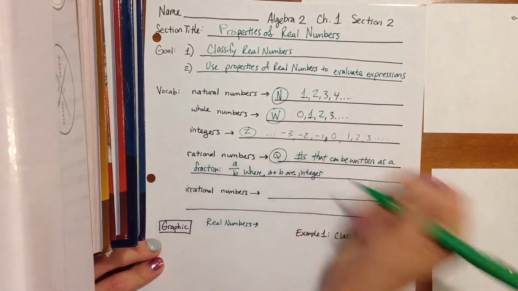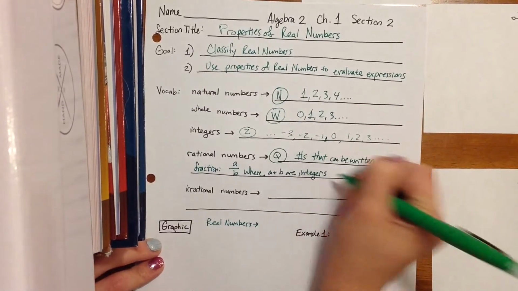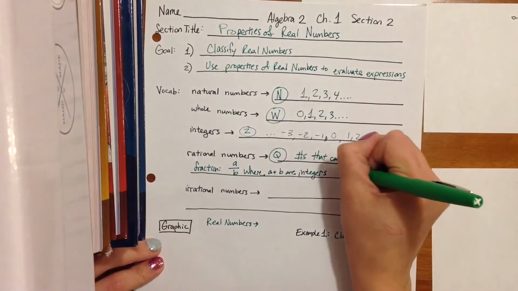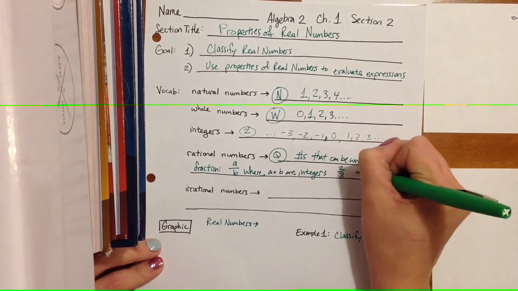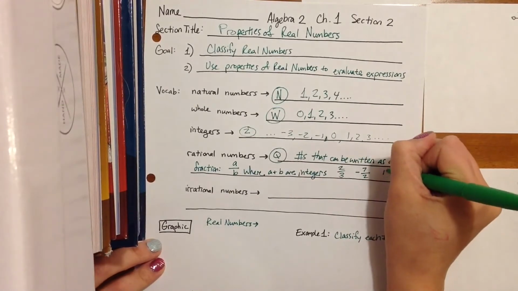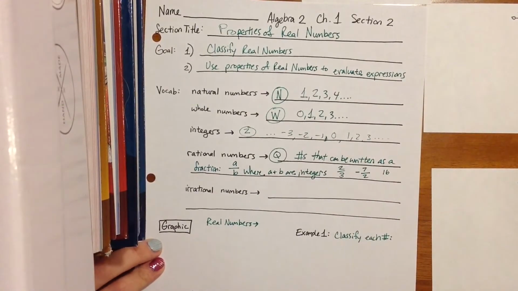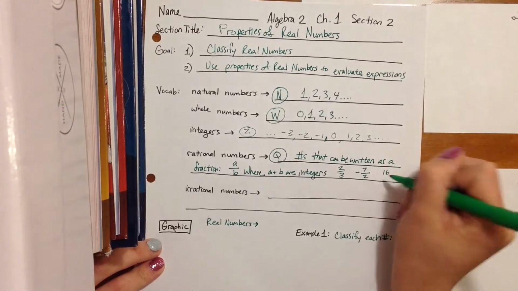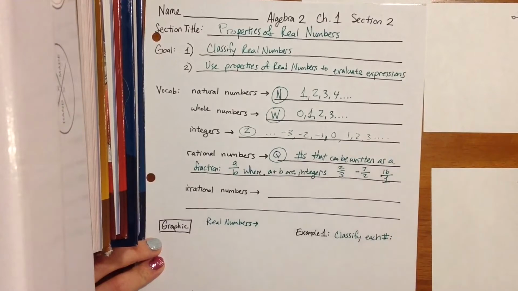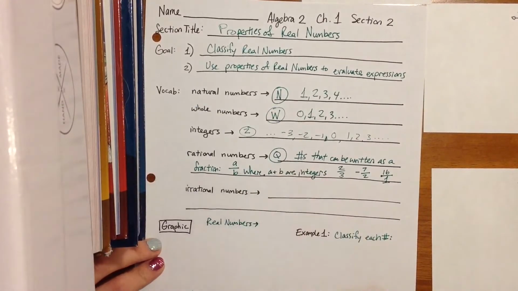Whole numbers, possibly negative or positive. So some examples of rational numbers could be something easy like 2/3 or -7/2 or 16 all by itself, because we know that any whole number or any integer at all, I can just put it over 1 and I have a fraction in the form A over B.